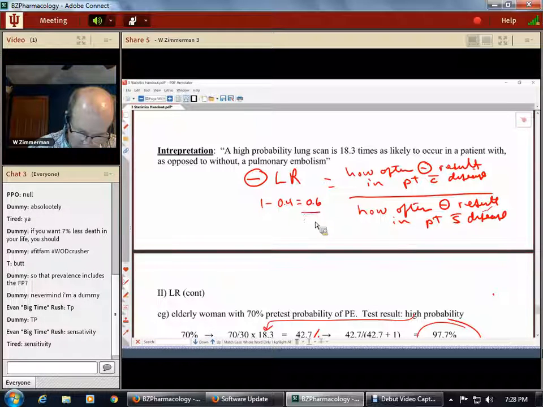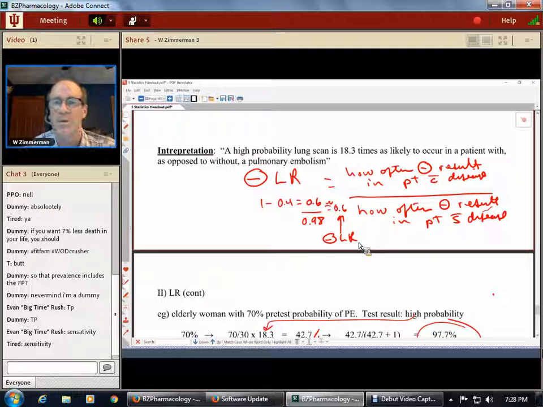That's going to be 0.98. It almost doesn't happen. And you work those out, and it comes out to approximately 0.6. And that's going to equal our negative likelihood ratio. We use that on the next page.